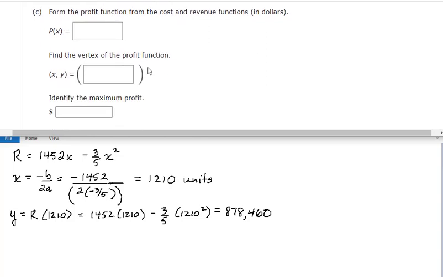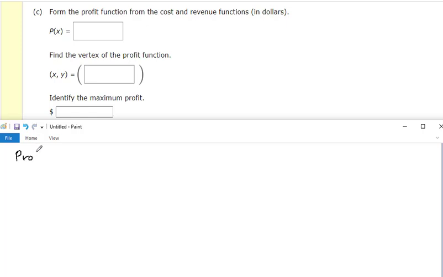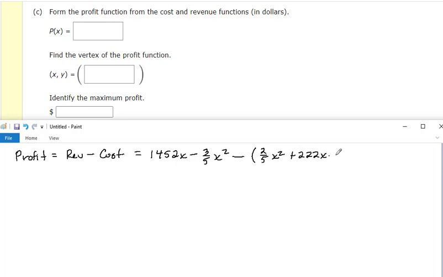Form the profit function from the cost and revenue functions. Profit is revenue, take away cost. Revenue was 1452x minus 3/5 x squared. Take away parentheses around the cost function. The cost function was 2/5 x squared plus 222x plus 36,000.